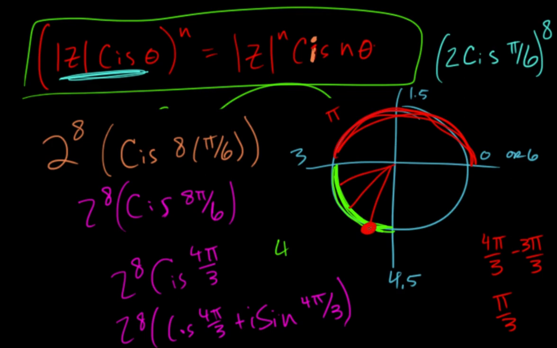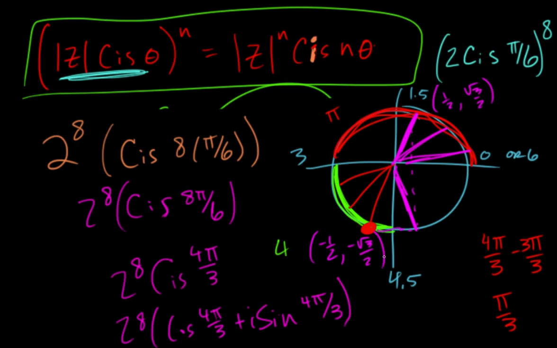Now if we do the symmetry, this is going to be with the first tick mark, and then it's actually going to be with the third tick mark. So this is 1/2, square root of 3/2, and so it's going to be the same thing, but just negative on both of them.